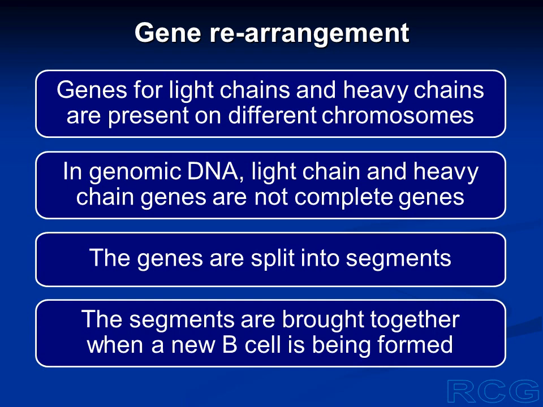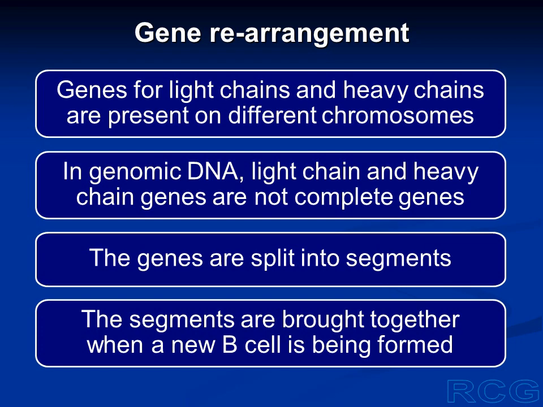Genes for light chains and heavy chains are present on different chromosomes. In genomic DNA, the genes for light chains and the genes for heavy chains are not complete genes. They are split genes. The gene is split into certain segments.